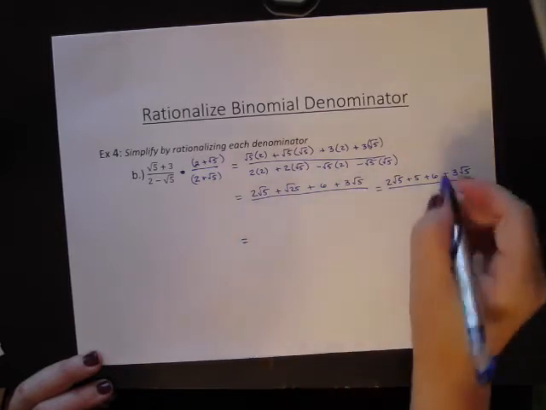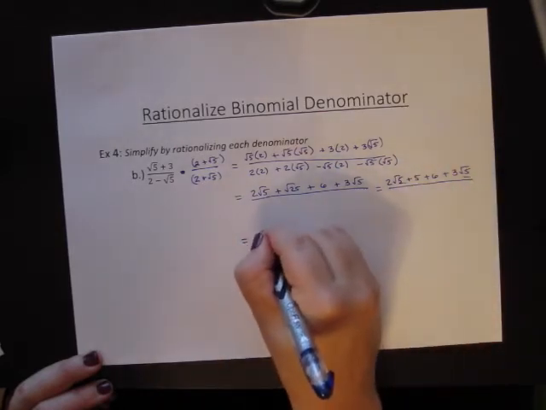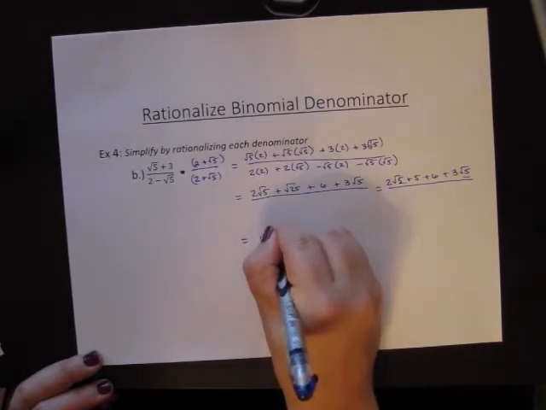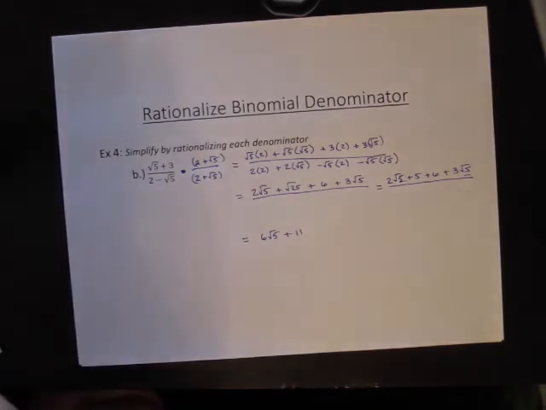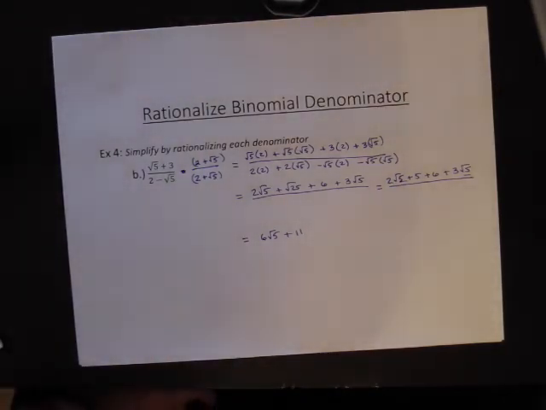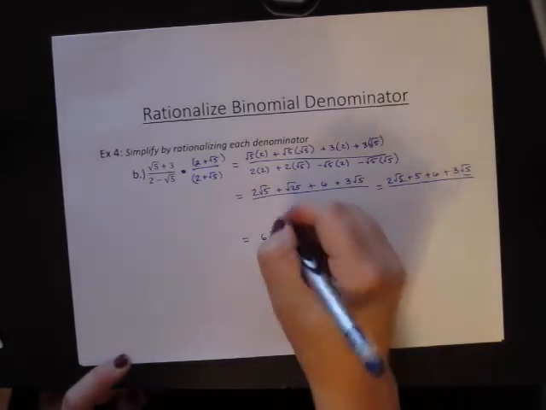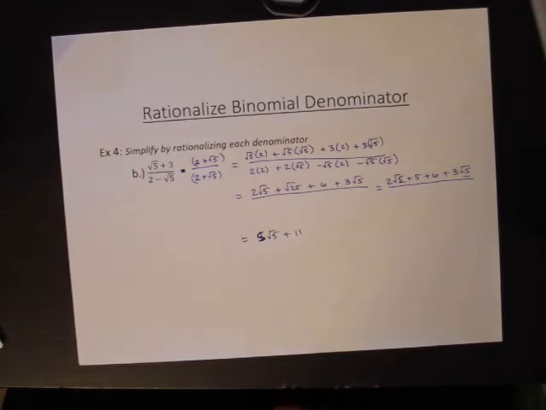So when I clean that up, I can combine my like terms. So 2 plus 3 is going to be 6 square root of 5 plus 11. I messed up. Oh, sorry. 2 plus 3 is not 6, it's 5. So 5 square root of 5 plus 11.